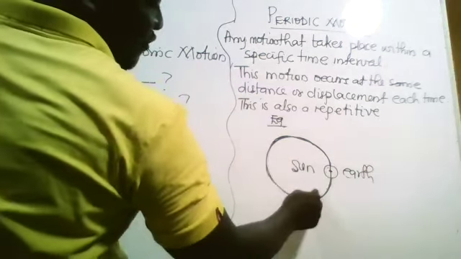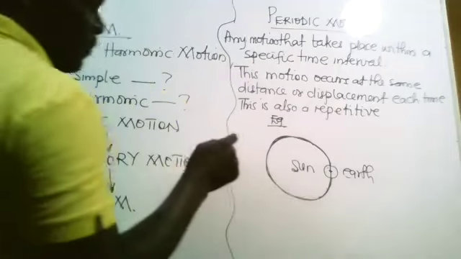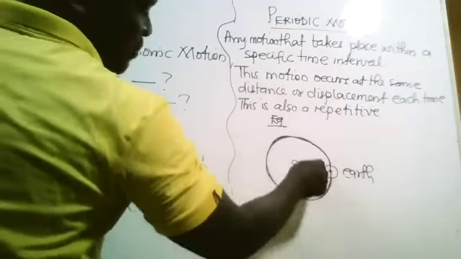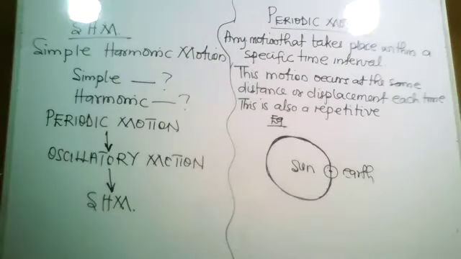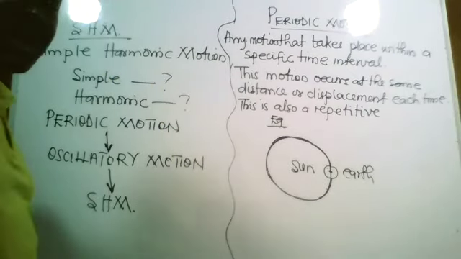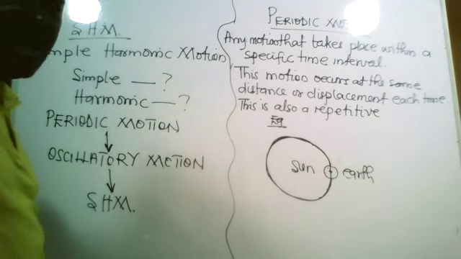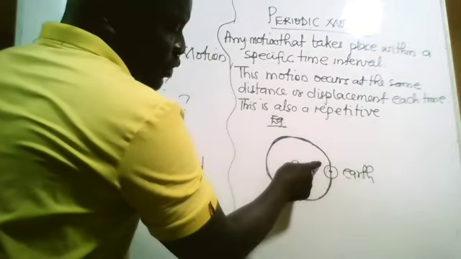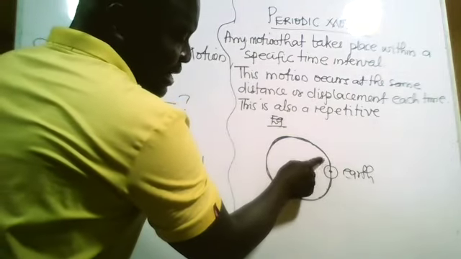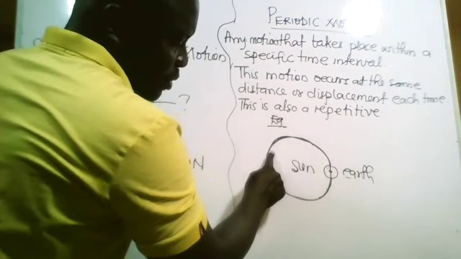Another 365 days. So each complete movement or rotation takes place within a fixed time interval, 365 days. After every complete revolution, the same path is taken again.